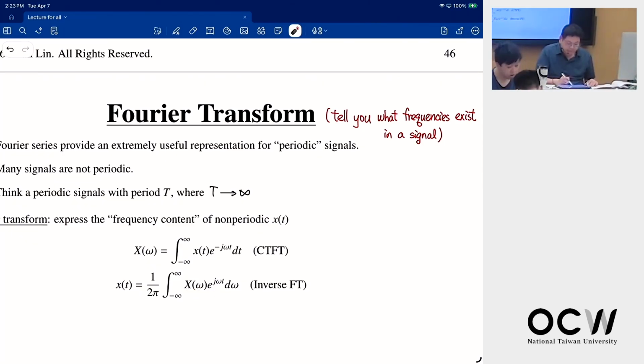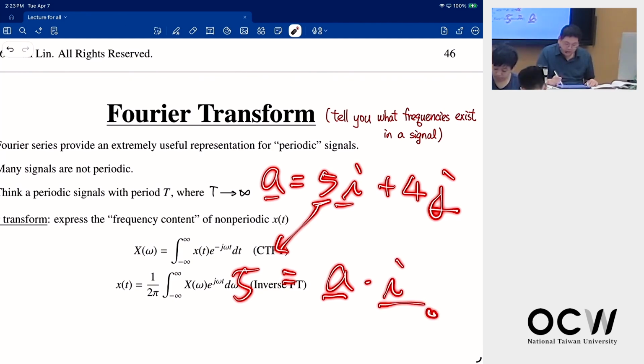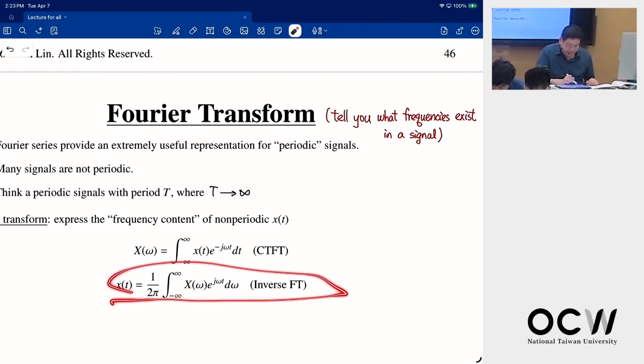Every time you take the inner product with the basis: A is 5i plus 4j, and to get 5, that is A inner product i. Here is the Fourier transform, and this one is the inverse.